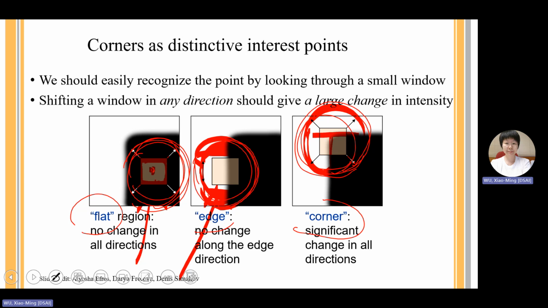But it's not easy to differentiate this case from this case, because there exist some non-zero image gradients. We need to design a more convenient way to tell whether this point represents an edge or a corner.